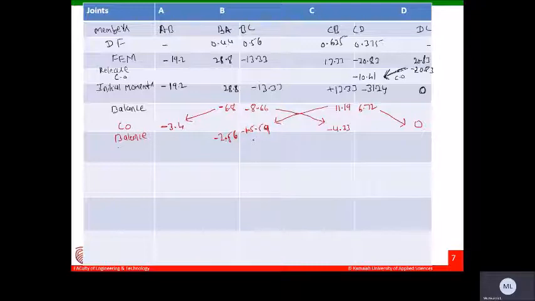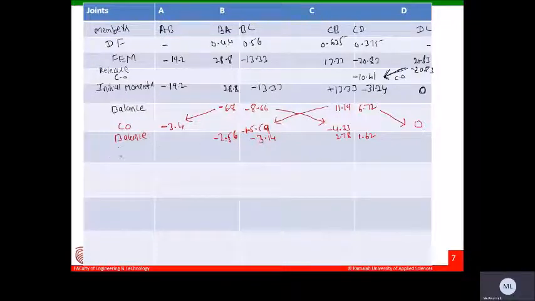Similarly, this one minus 3.14. Then minus 4.33 multiplied with the distribution factor, change the sign, write down the values. So this is 2.78, and this is 1.62.